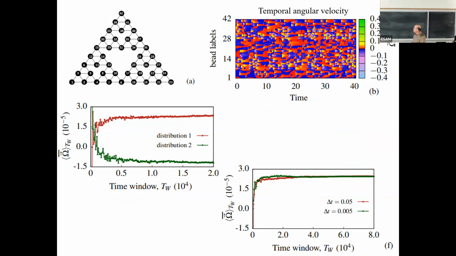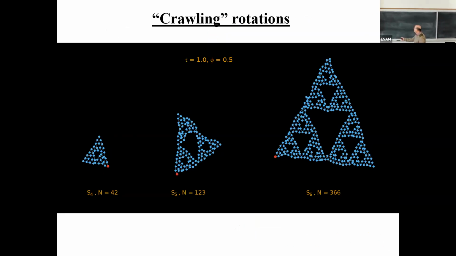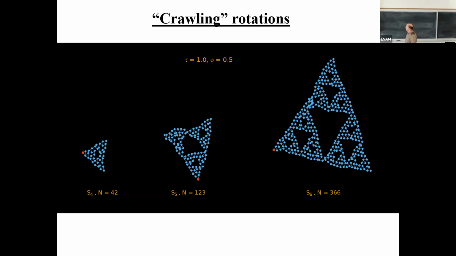Although all these angular velocities fluctuate between different beads, if you look at long times, depending on your distribution, since you don't have a full fractal with dipoles everywhere, you get some residual long-time crawling, we call it crawling rotation, either right or left, depending on the distribution. That's a movie, so the movie doesn't cheat.